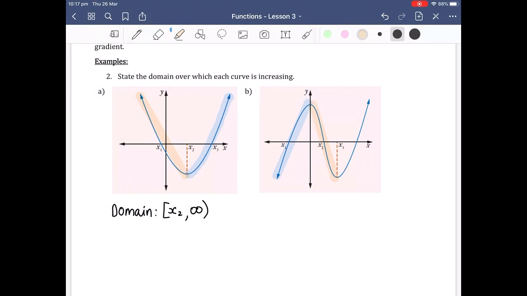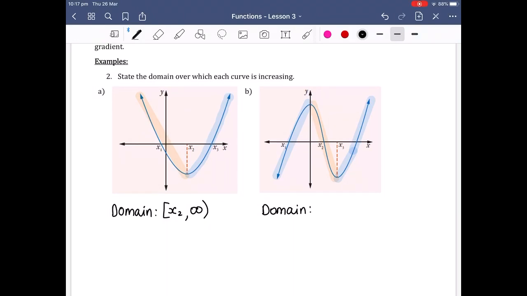We get to a stationary point, which means that we change direction. So we start decreasing, and then we hit another stationary point and we start increasing. So we're increasing, then decreasing, then increasing. So the curve is increasing for x1 is less than 0 and x is greater than or equal to 0.